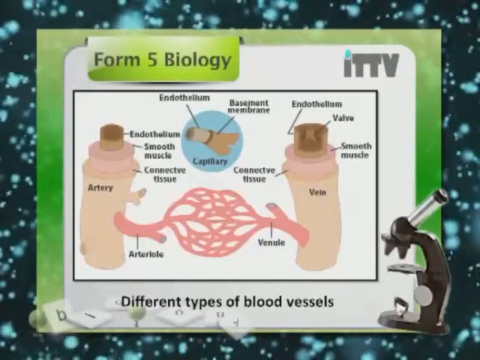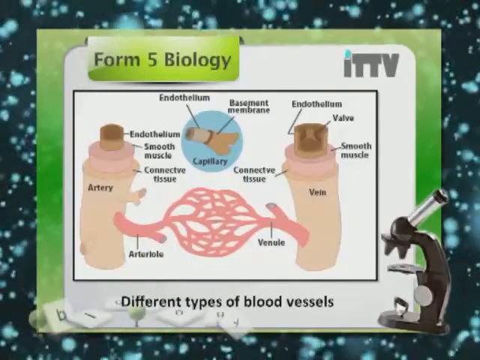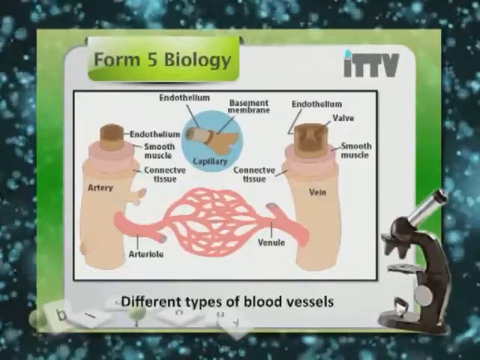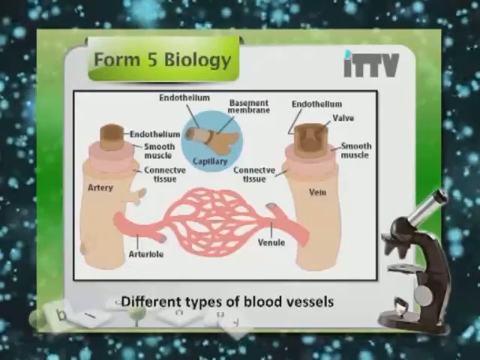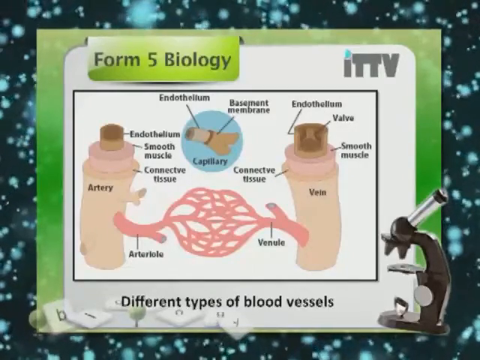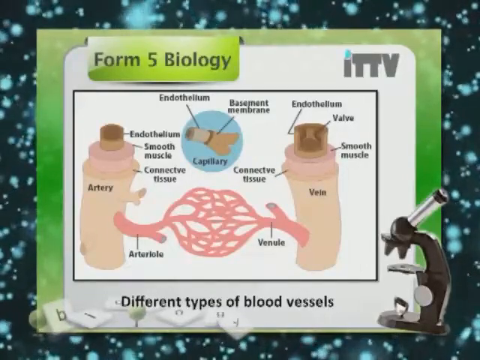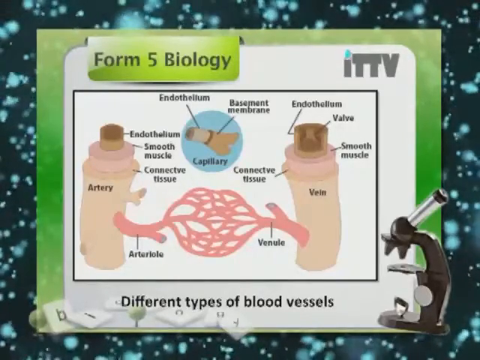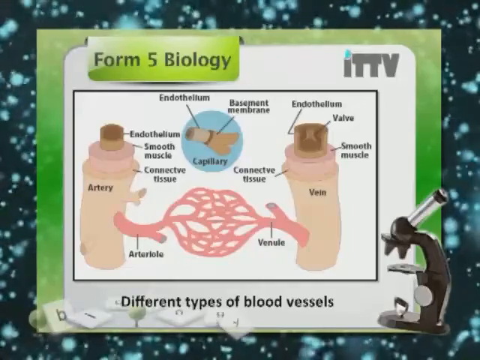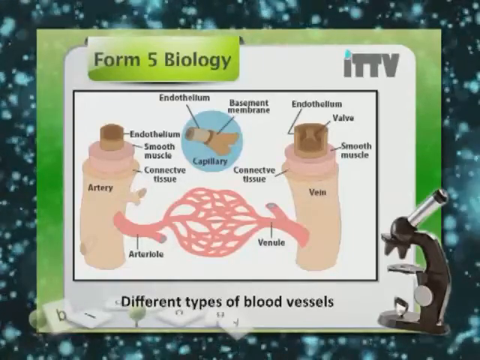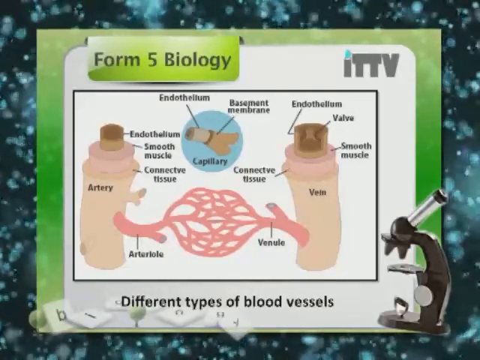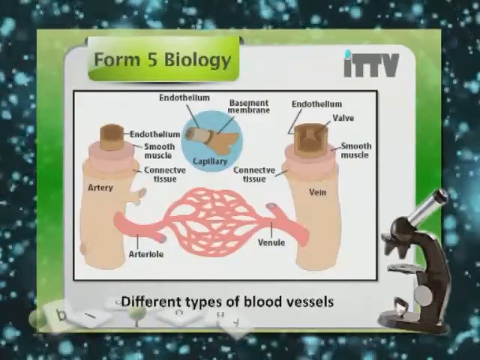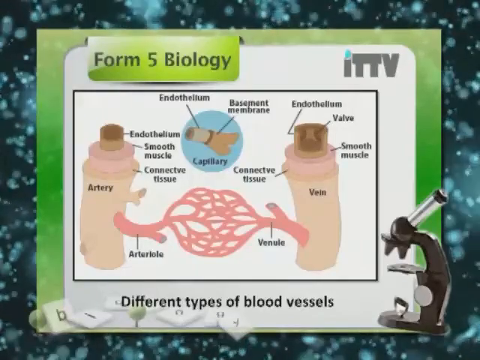Now these capillaries are where the exchange of nutrients, oxygen and carbon dioxide takes place with the tissues. Then from the capillaries, the deoxygenated blood carrying all the waste products drains into venules, which then later merge into the veins, and the deoxygenated blood is returned to the heart.